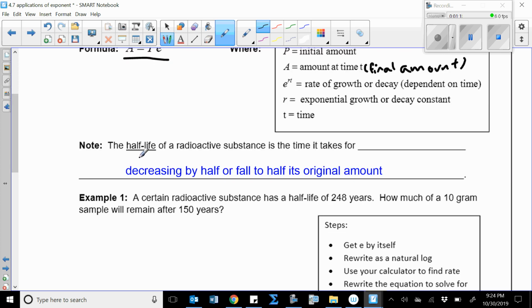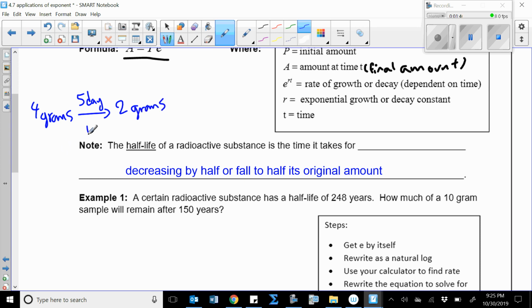Let's first of all talk about half-life. Half-life of a radioactive substance is the time it takes for it to decrease by half, or fall to half of its original amount. For example, let's say I have 4 grams of a radioactive substance and it takes 5 days to reach half of its original amount, like 2 grams.